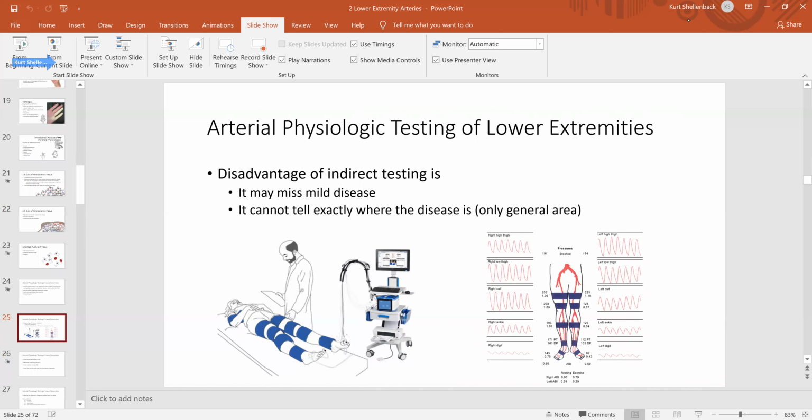The image over here shows, from the waveforms alone, very mildly abnormal. The only reason I say that is they actually have a nice high peak and they come down. They look pretty good, but there's no shoulder on them. There's no, oh God, what's the term? Dicrotic notch.